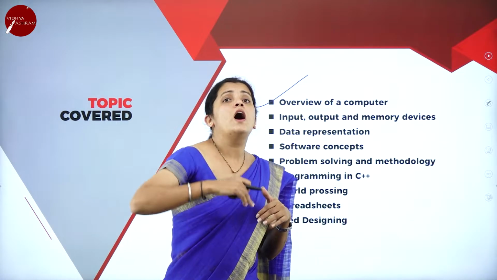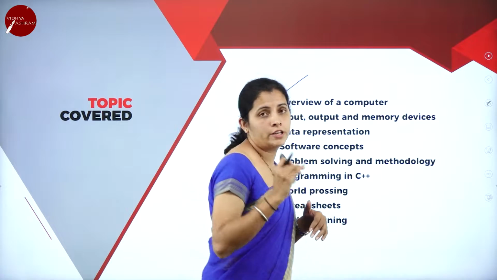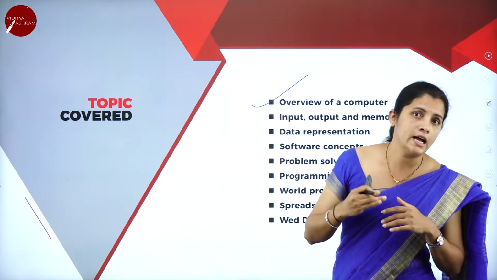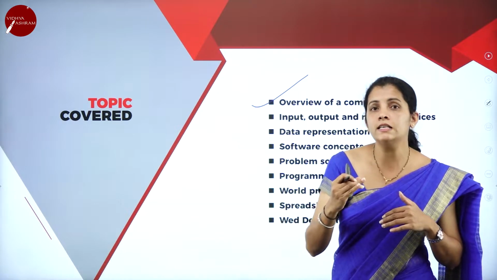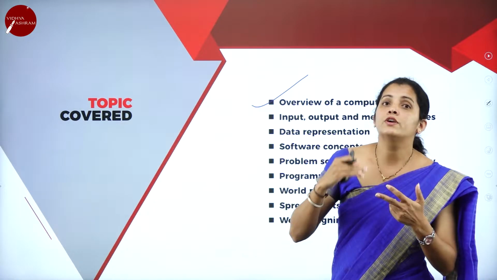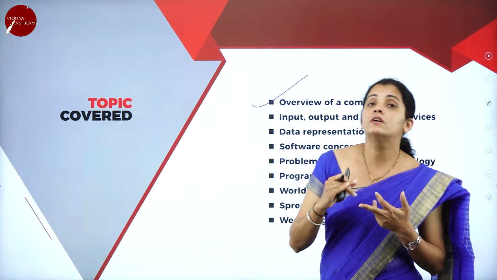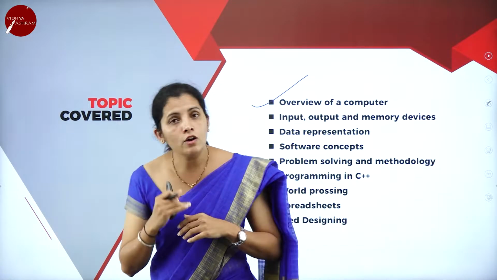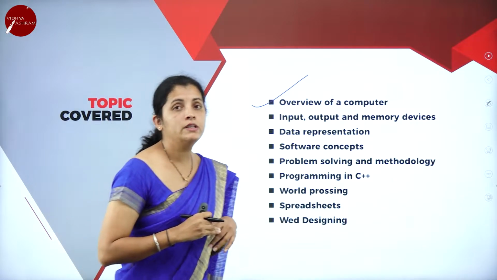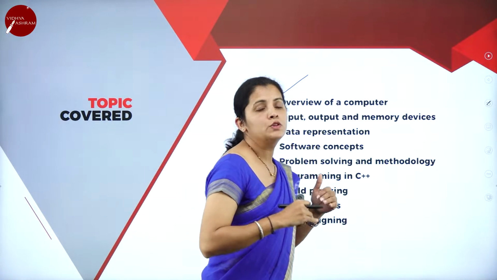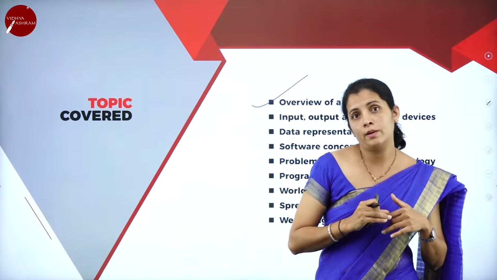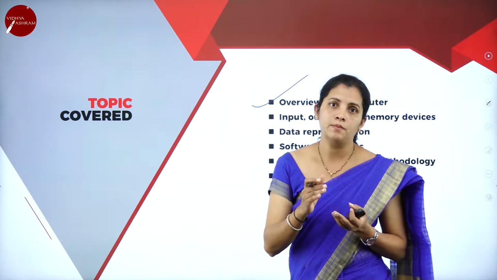That means how many different generations we have, and the different types of computers, that is, supercomputer, minicomputer, microcomputer, analog computer, digital computer, or hybrid computer. So we are going to study in depth about the types of computers in this subject.